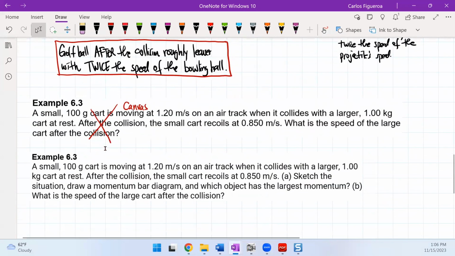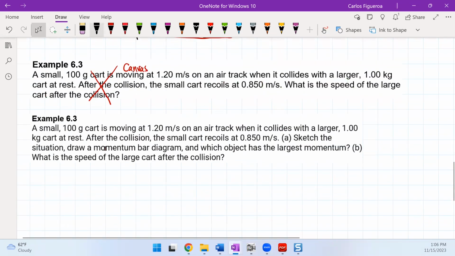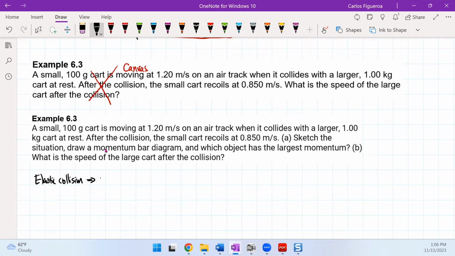So the way we want to do this here is that we assume an elastic collision, which then means you must determine if M1 is equal to M2, is M1 greater than M2, or is M1 much less than M2? Which situation do we have?